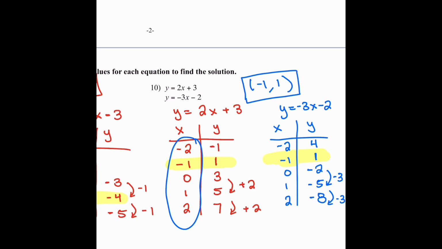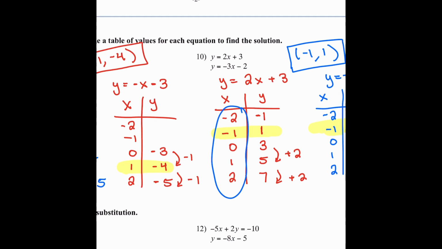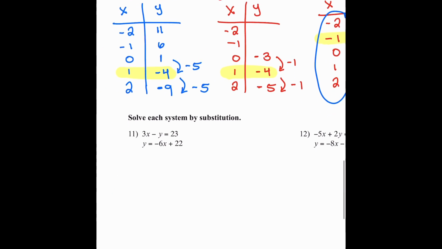The last method we talked about for solving systems of equations is the substitution method. And with the substitution method, you need one equation to be solved for x or y. So luckily I have the equation that says y equals negative 6x plus 22.